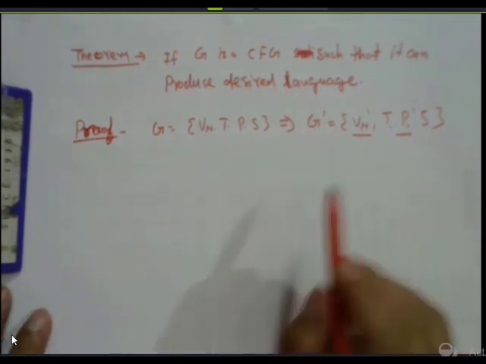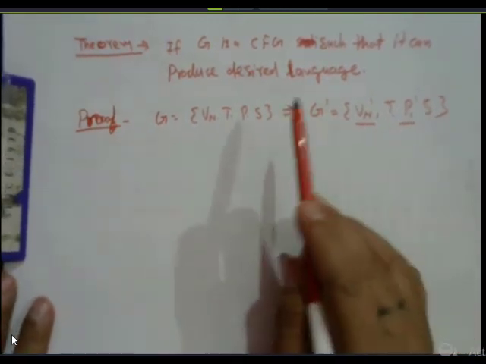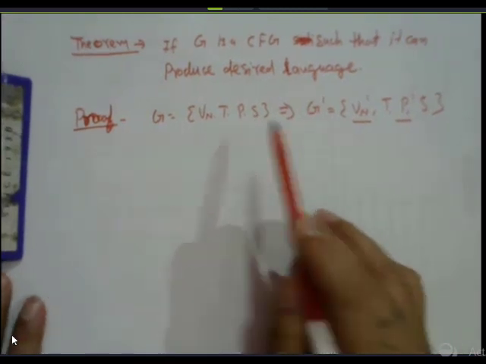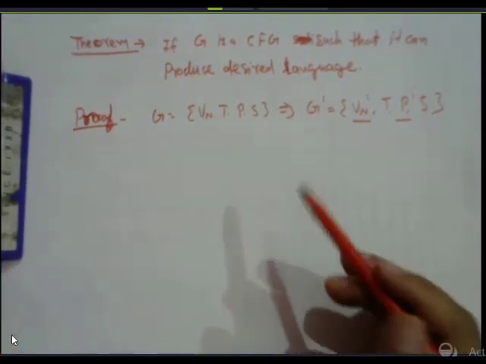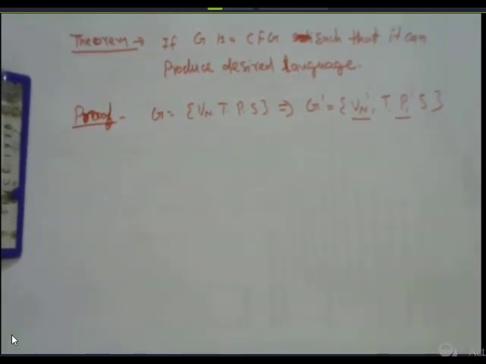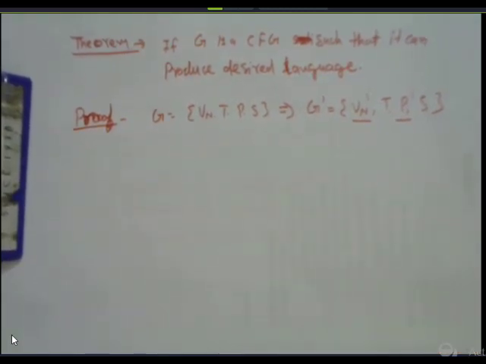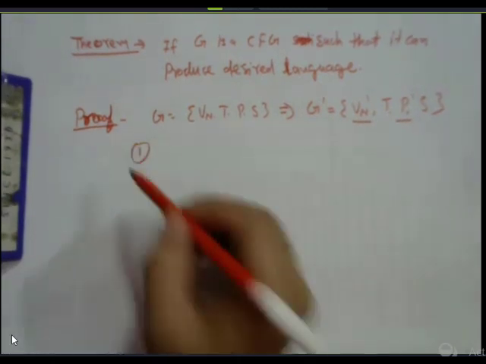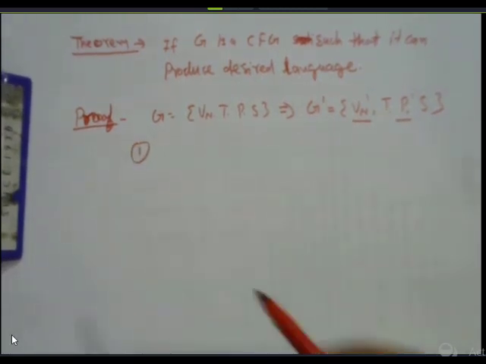Then how to construct the grammar which can remove the useless symbol which cannot derive the terminal symbol, which cannot terminate any alphabets? First we construct the variables.